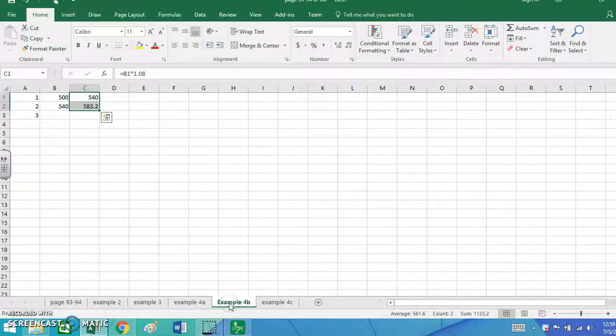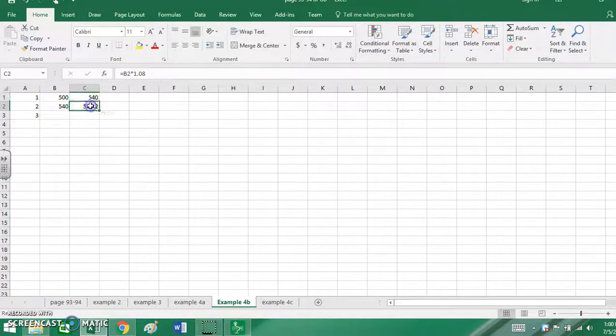Here's example 4B. Now example 4B, remember I told you you can't figure it out without using logarithms. So in this case, I wanted to start with $500 and I wanted to end with $583. I wanted to know how many periods it would take. And you'll notice that after 2 times, the formula came up with $583.